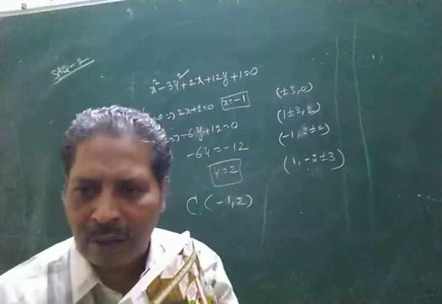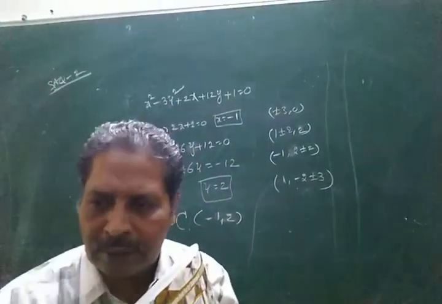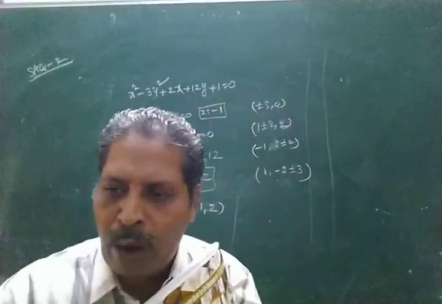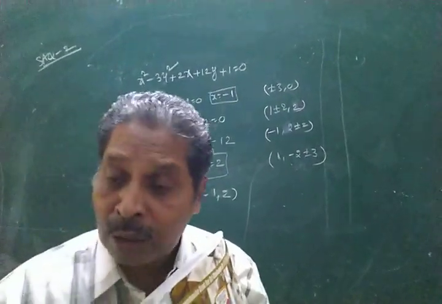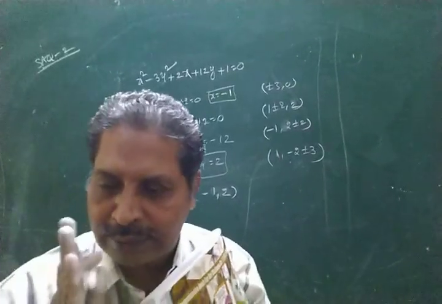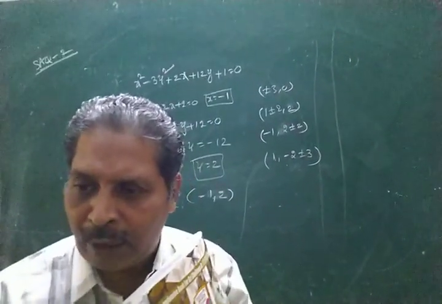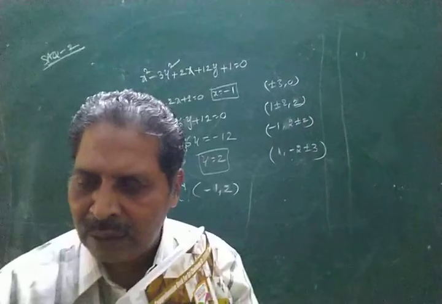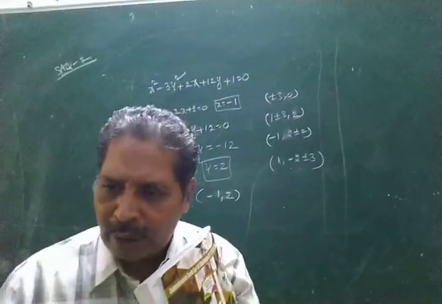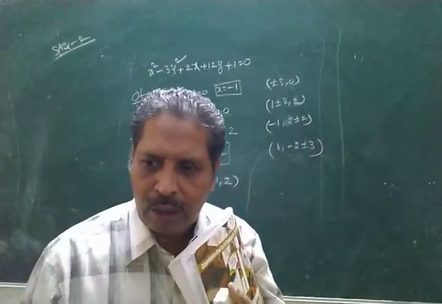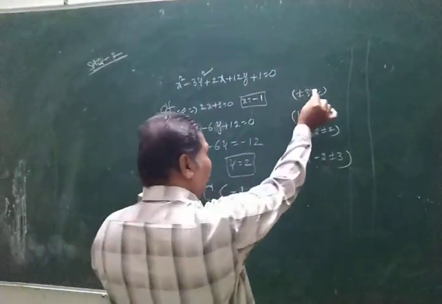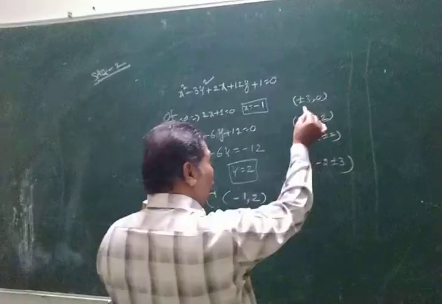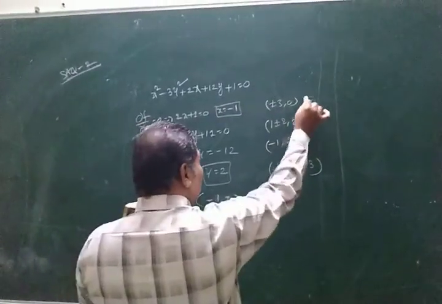Vertices. Center is the midpoint of vertices and also foci. So verify that one. 3 0, minus 3 0. Midpoint is 0 0.